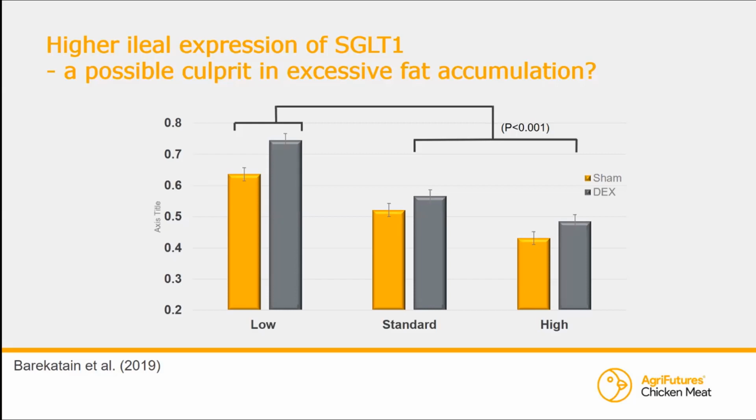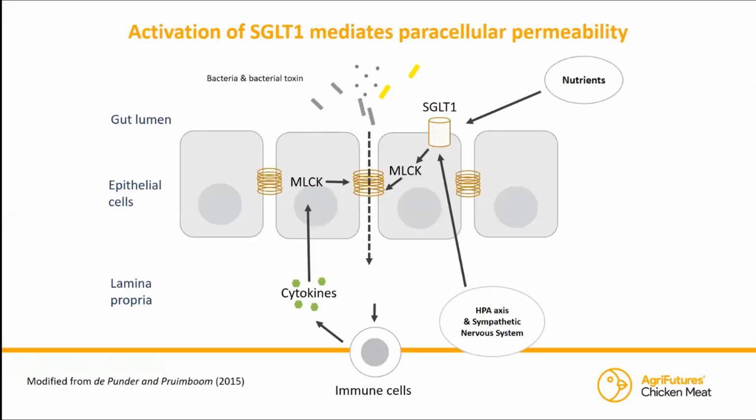But in terms of the gut integrity, what makes it interesting is that things like SGLT1 can actually impact the paracellular permeability, as you can see in these slides. If it's overly upregulated, either by stress or certain nutrients, in this case possibly the high amount of starch available in those diets, it can actually impact the intestinal permeability.